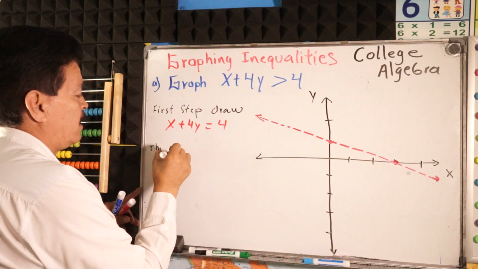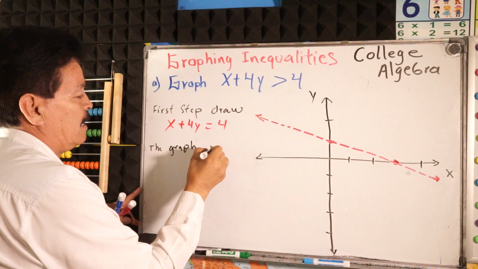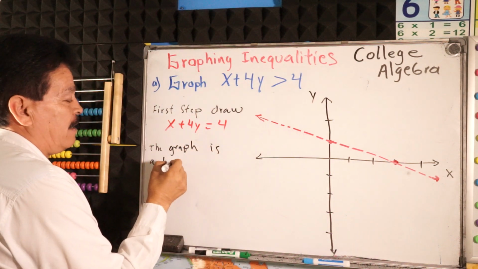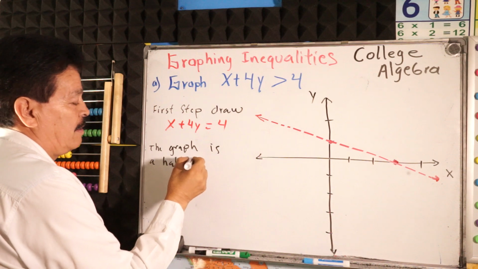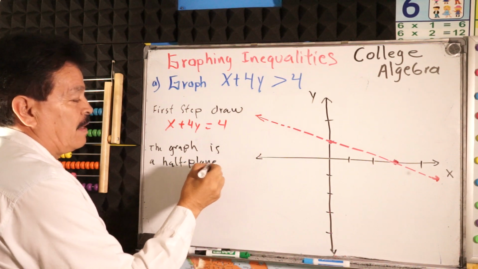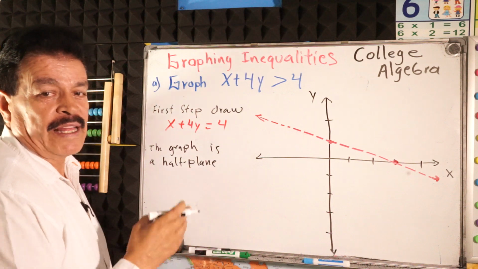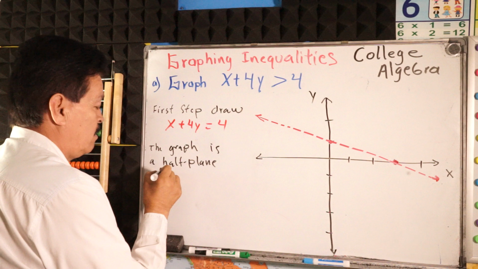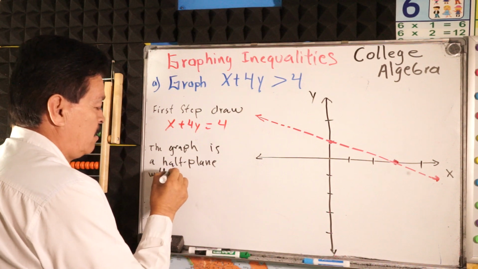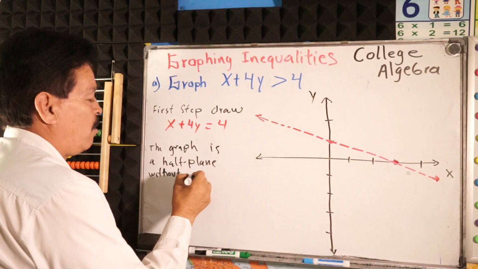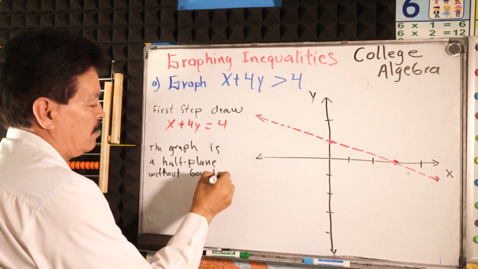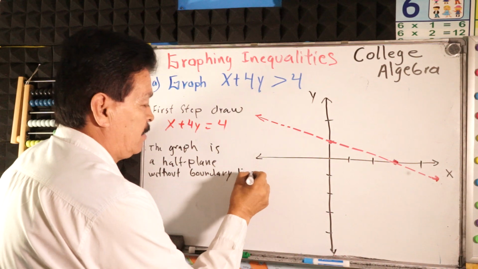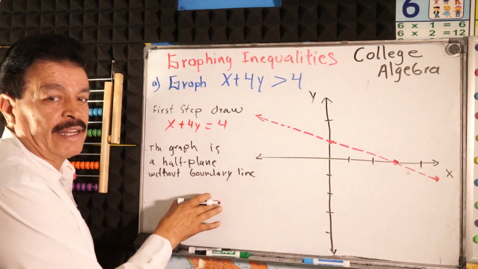Let me write it. The graph is a half plane without boundaries, without the boundary line.